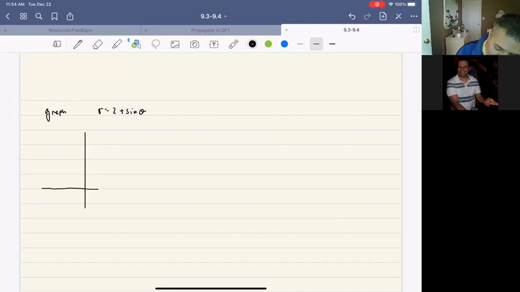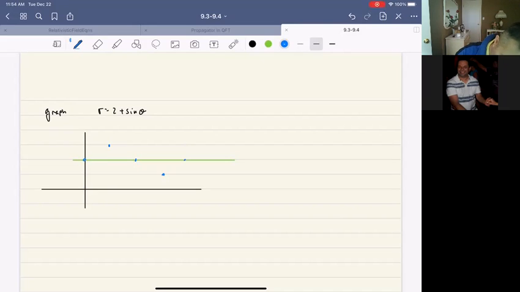So this is, again, a sine graph. Let me do that in orange. A sine graph starts at its center, goes to its top, back to the center, to the bottom, and to the middle.